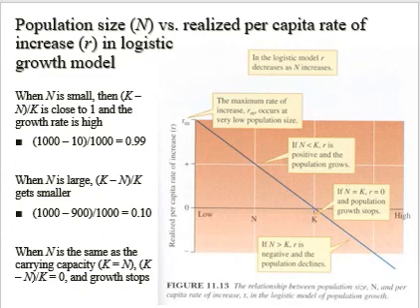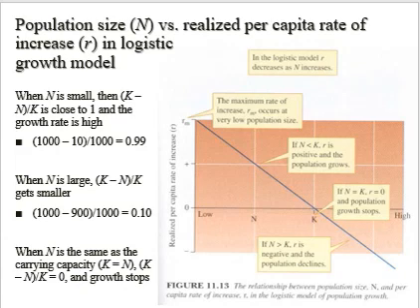And you can understand this again thinking of what that little r value represents, right? You can remember that r represents the difference between birth and death rates in a population.